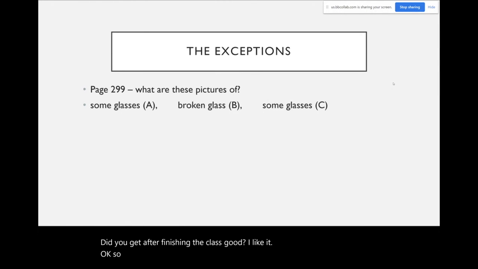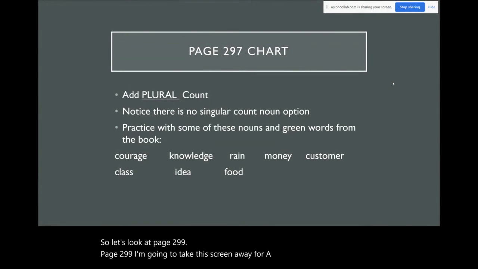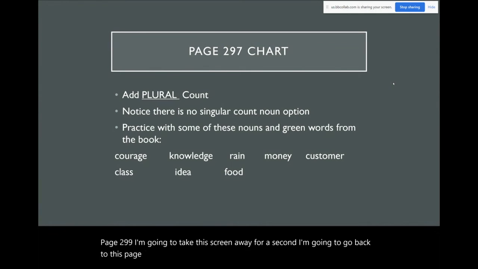We've talked about nouns. We talked about some quantifiers and some articles, and what we can put before nouns. So let's look at page 299, at the bottom of the page.